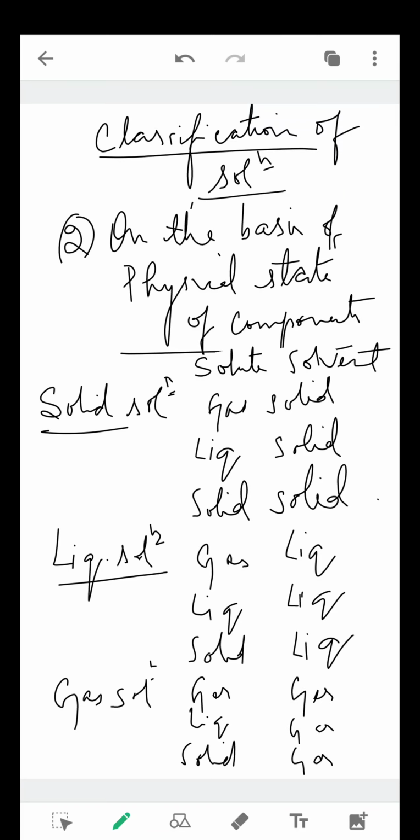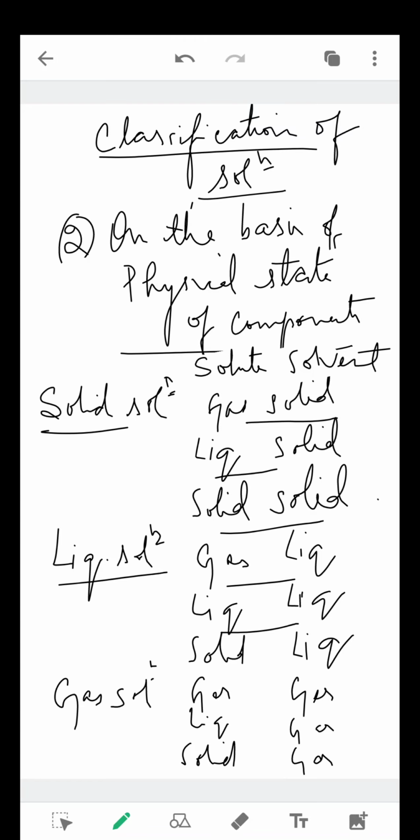Some examples of solid solutions: gas in solid is hydrogen in palladium. Liquid in solid is mercury with sodium forming an amalgam. Solid in solid mixtures are alloys like bronze and many others. Then in liquid solution, examples of gas in liquid are oxygen in water, aerated drinks, carbon dioxide in water. Liquid in liquid, alcoholic beverages are basically solutions of ethanol in water.